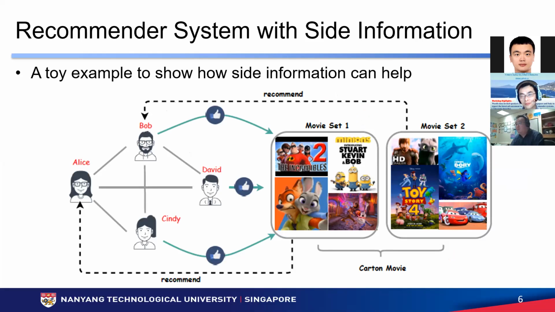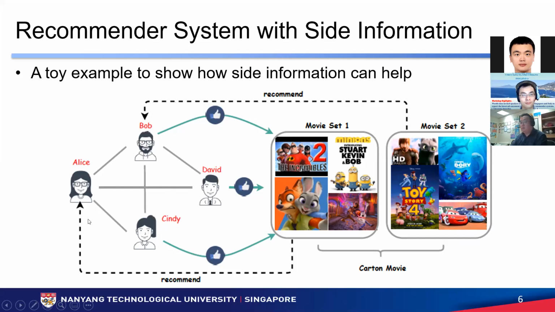But here, I give you a toy example to show how side information can help with recommendation. Let's suppose the user Alice is a cold start user. If we just rely on ratings, it will be very hard to provide accurate recommendations for this user. But luckily, we know the social network of Alice, and we know her friend Cindy. Cindy is not a cold start user, and we know that Cindy likes these movies.